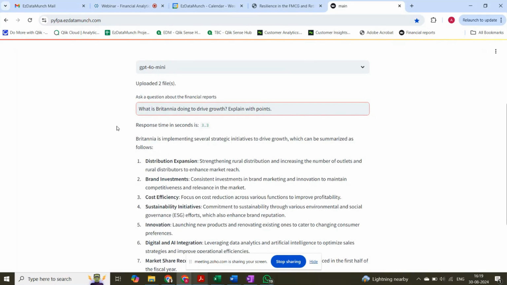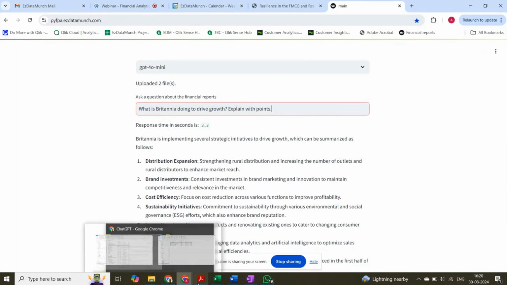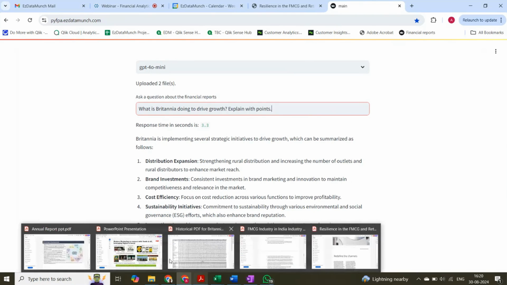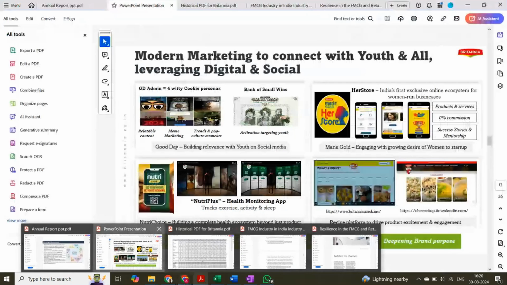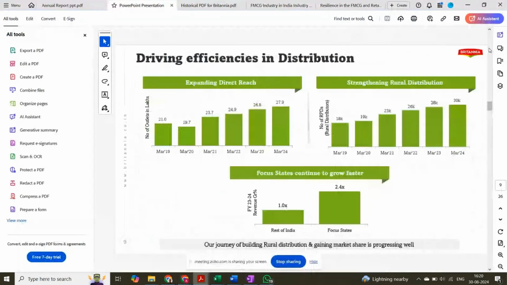It is picking up, it is talking about distribution expansion, which we saw in that document. Like it said, it is expanding its number of outlets. The more outlets you have, the more you are visible in the market, and the more your sales potential increases.